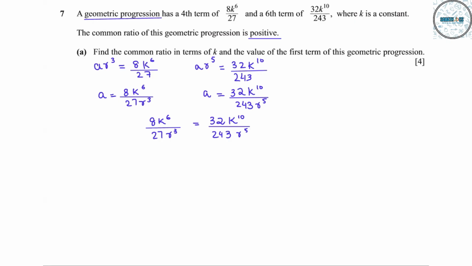As we have to take out the common ratio, we will take r on this side, so we can write r power 5 over here. r cube will remain at its place.